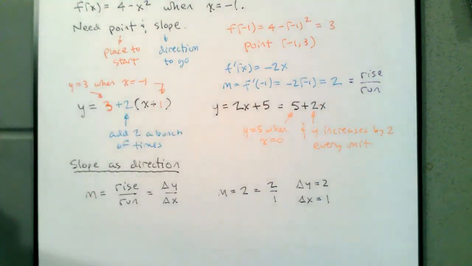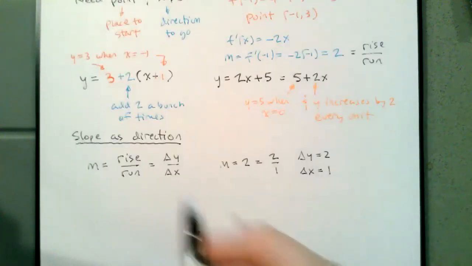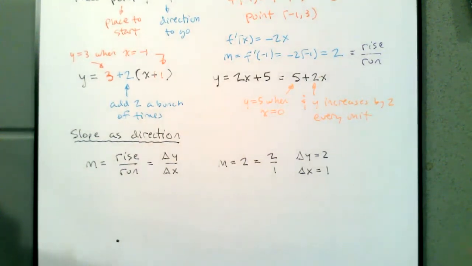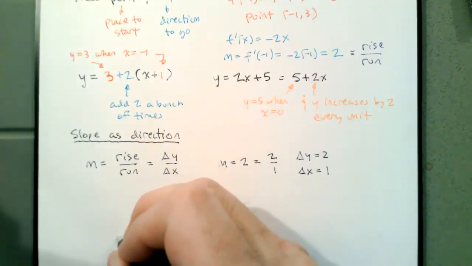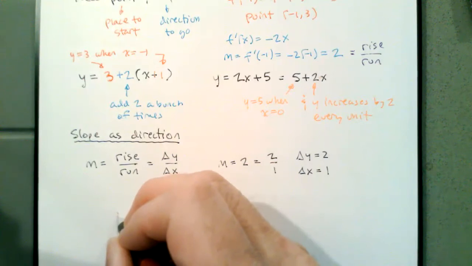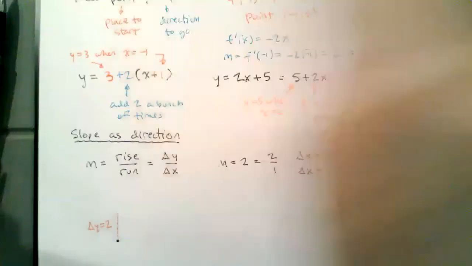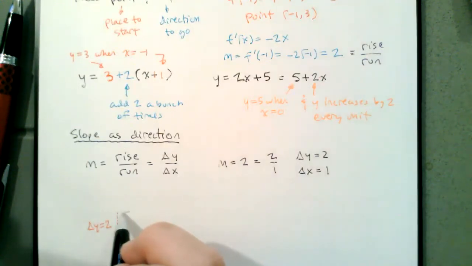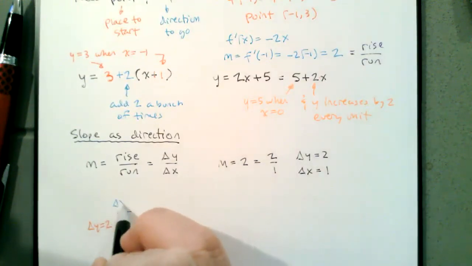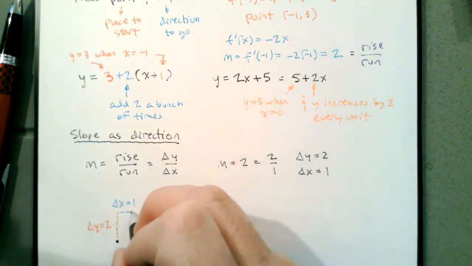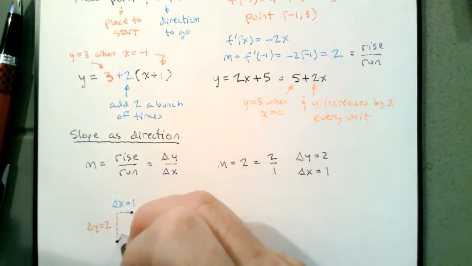We had the point 3, 1. At the point 3, 1, we had a change in y of 2 and a change in x of 1. So there's a rise of 2 and a run of 1. And so that's how we get another point on the line.